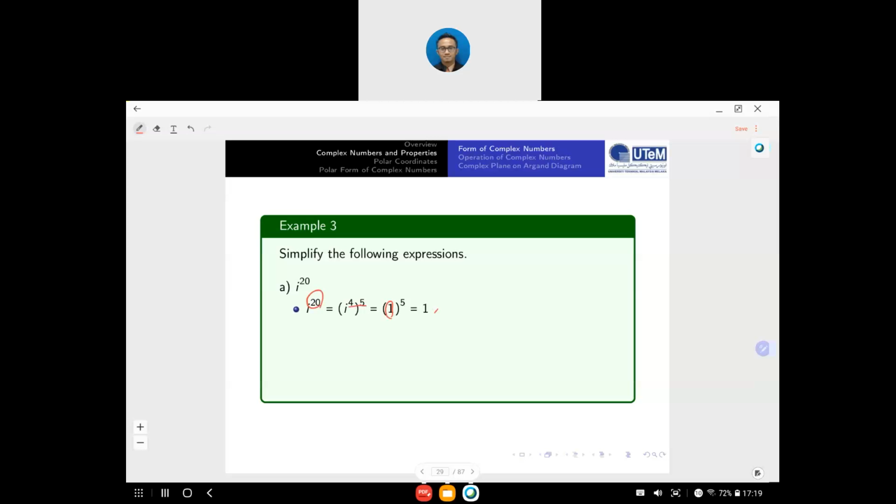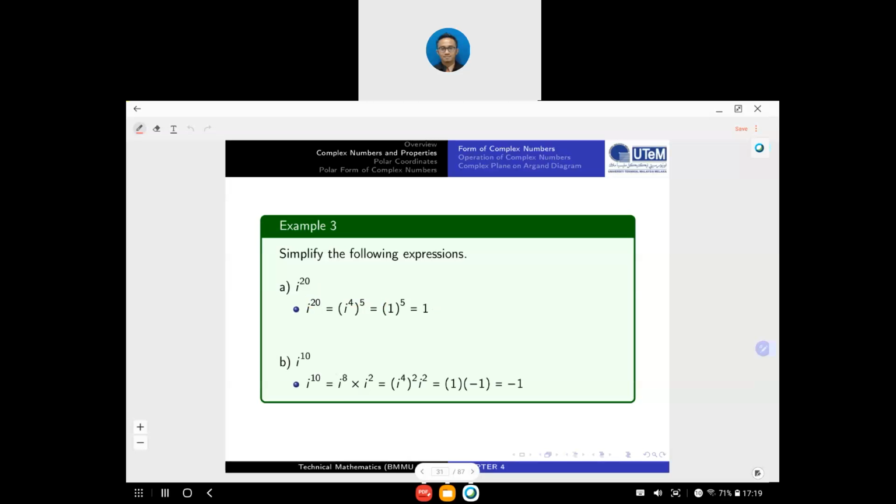The imaginary part is the value that stays with the i. And 25i: the real part is 0 and the imaginary part is 25. So you need to identify which one is the real part and which one is the imaginary part.